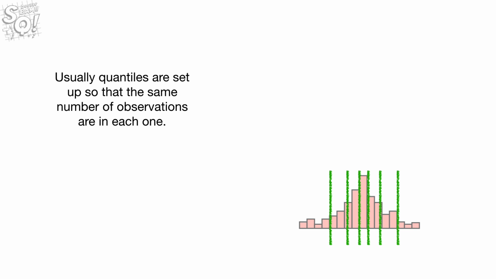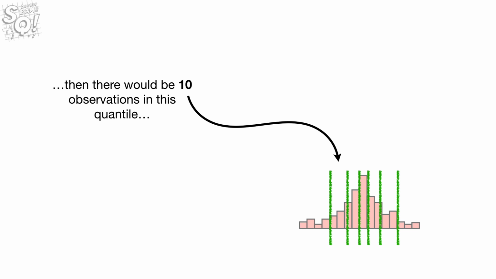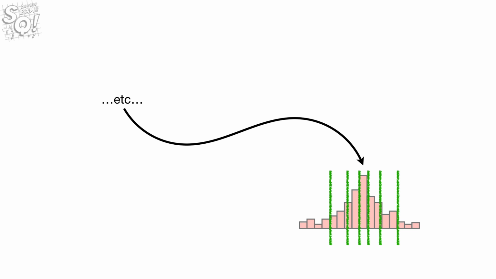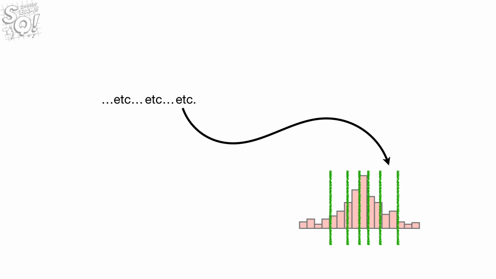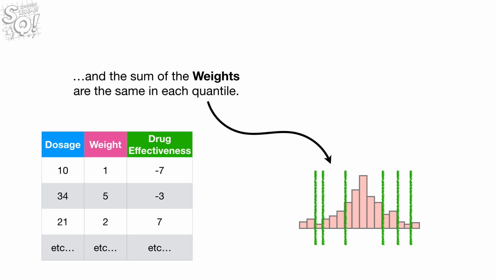Usually, quantiles are set up so that the same number of observations are in each one. In other words, if 10 observations were in this quantile, then there would be 10 observations in this quantile, and 10 observations in this quantile, etc., etc., etc. In contrast, with weighted quantiles, each observation has a corresponding weight, and the sum of the weights are the same in each quantile.